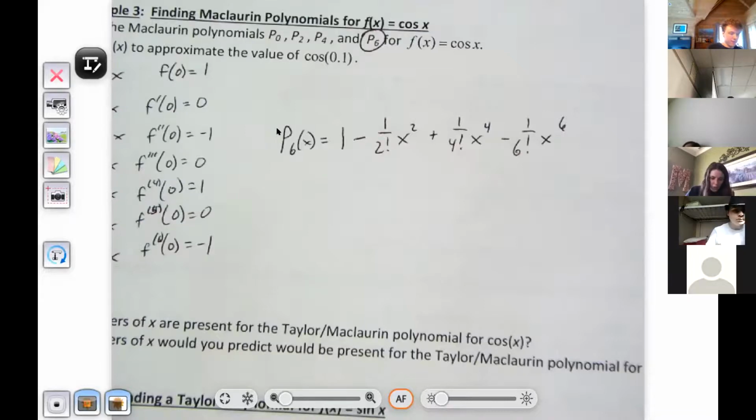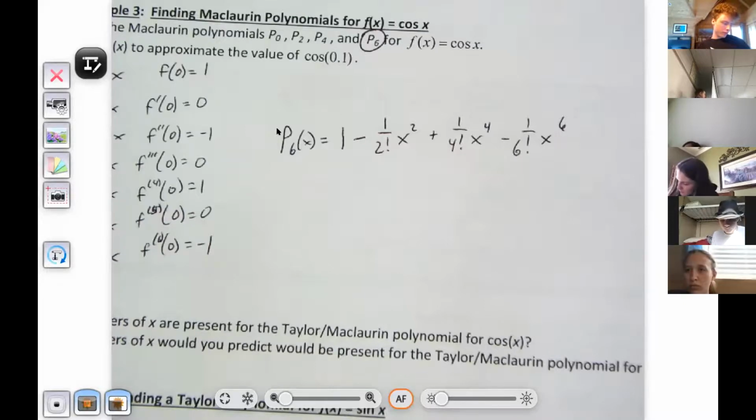So what I find interesting, because eventually we're going to get into Taylor series, which is basically an infinite series that models these functions instead of a polynomial. You need to be very careful when you put your plus dot, dot, dot, and when you don't. When they ask you to do a polynomial, you have to end it.